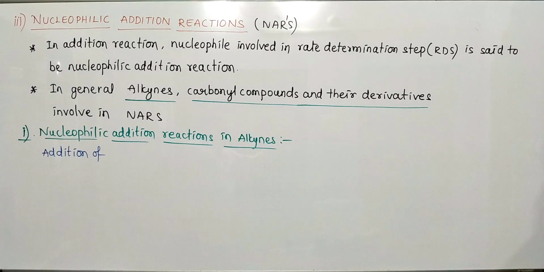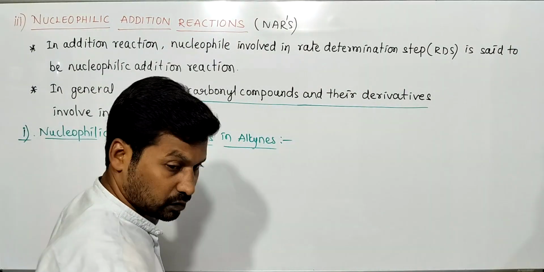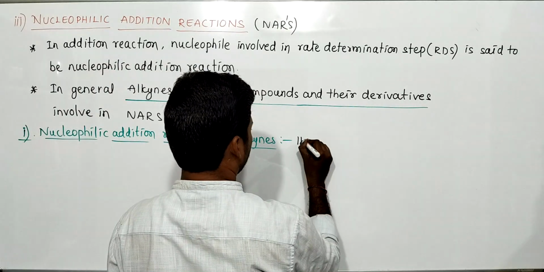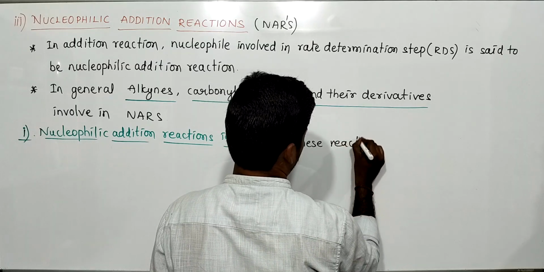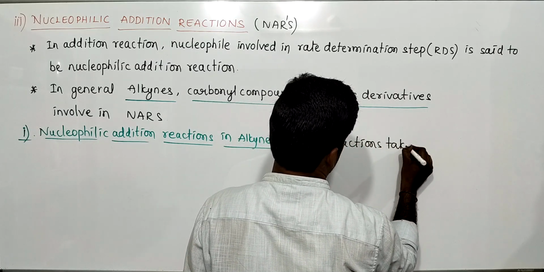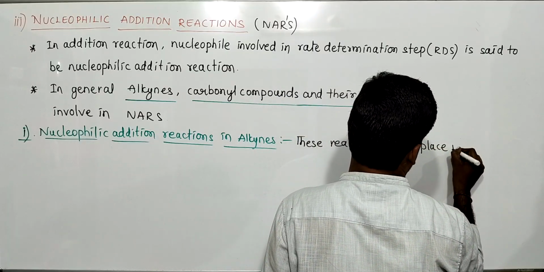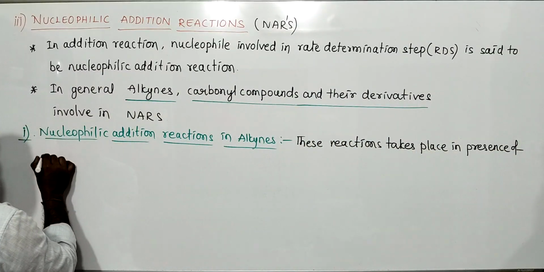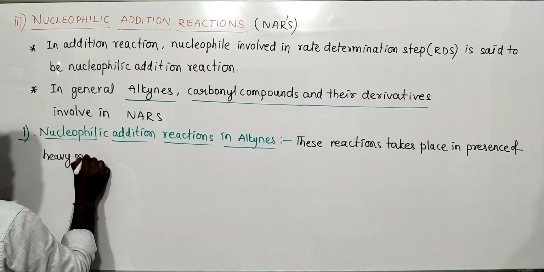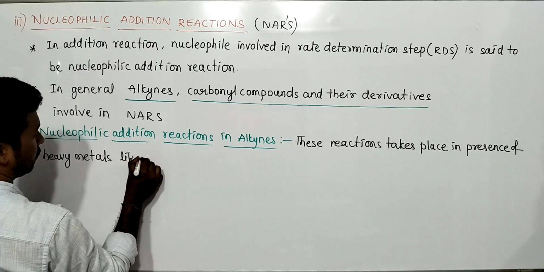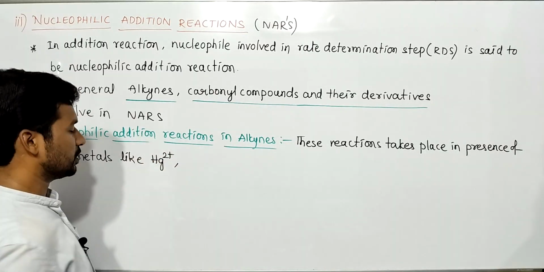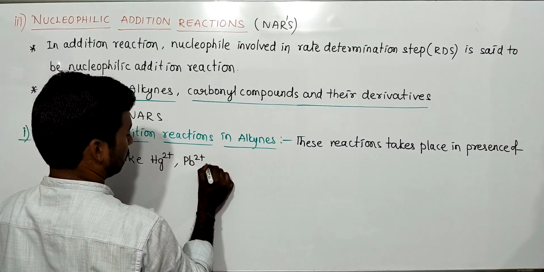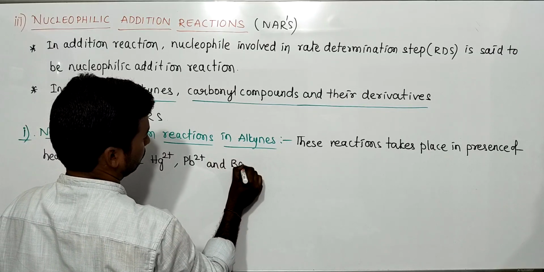These reactions of alkynes take place in presence of heavy metals like Hg2+ salts, lead salts, or Ba2+ salts, barium salts.